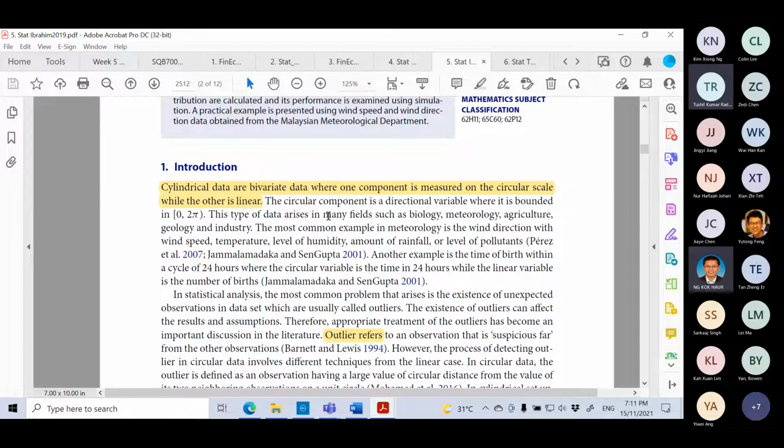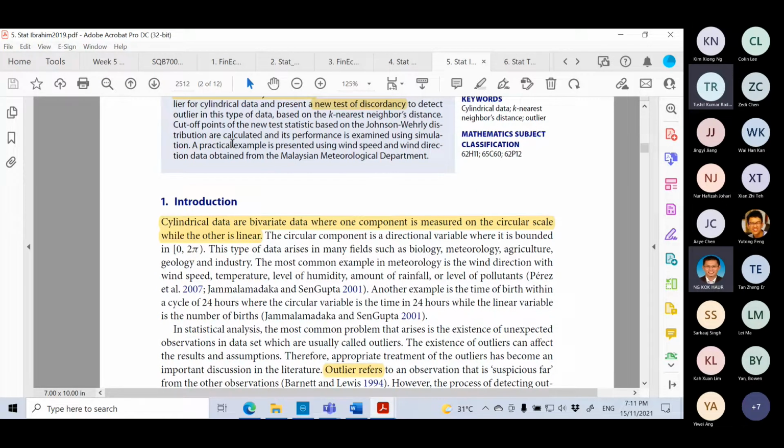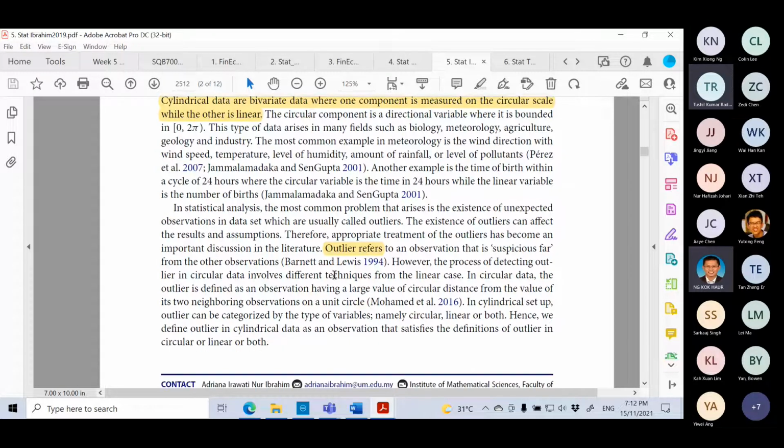And because they study outliers, as you observe in the title, they need to define what is meant by outlier. They need to provide a literature review of previous work. Maybe they worked not on cylindrical data but on time series outliers or circular outliers. So in the second paragraph, they will review outliers.